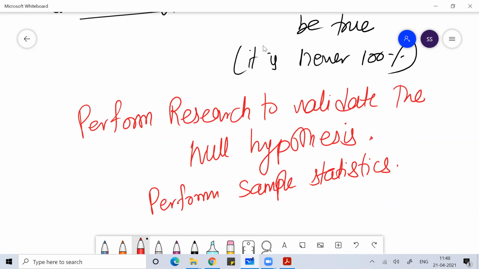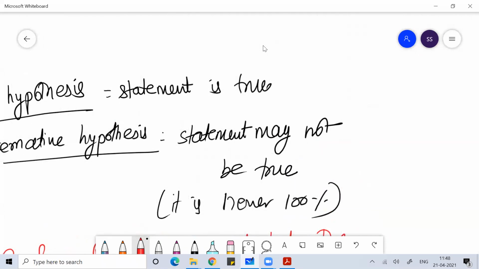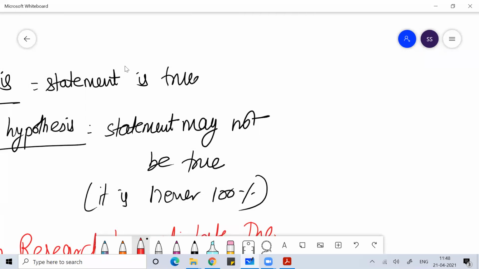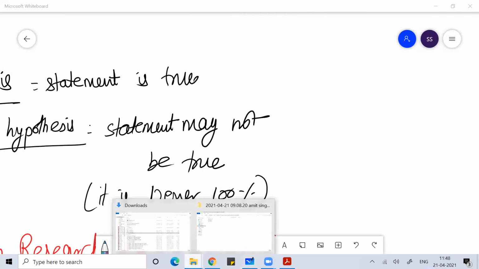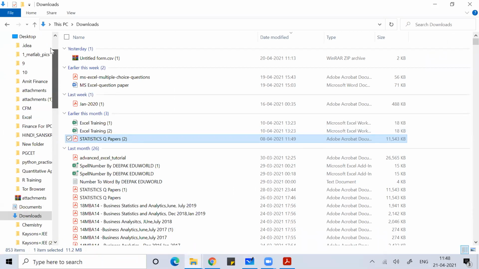Whenever you do the alternative hypothesis, I'll give you an example.